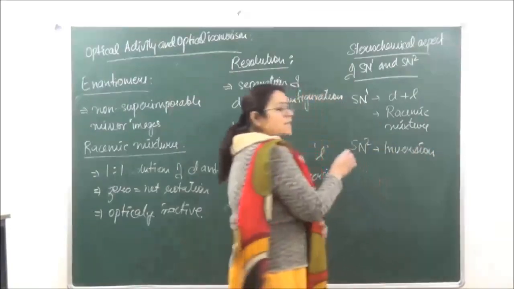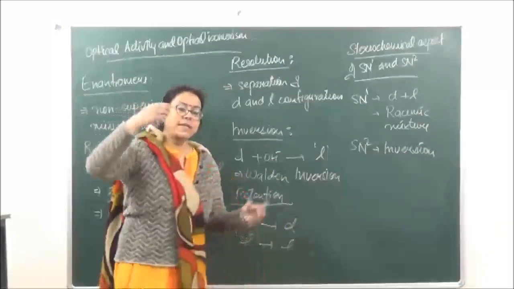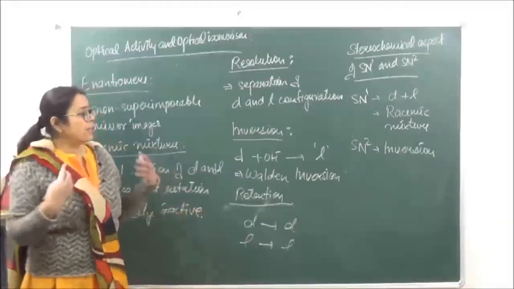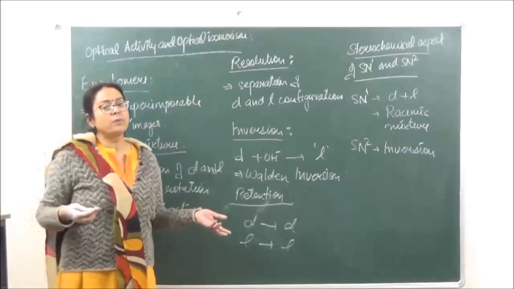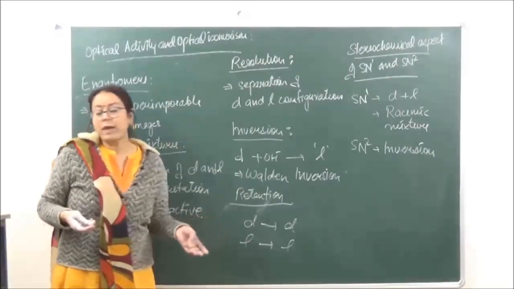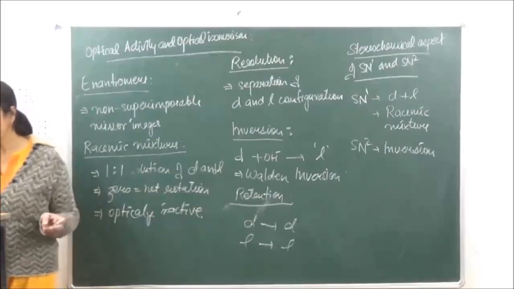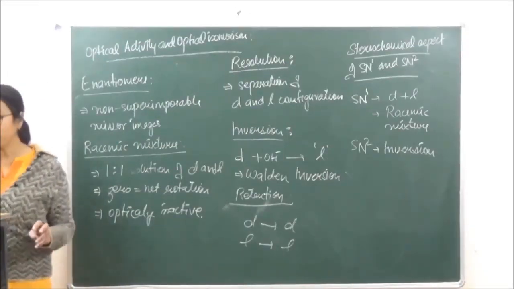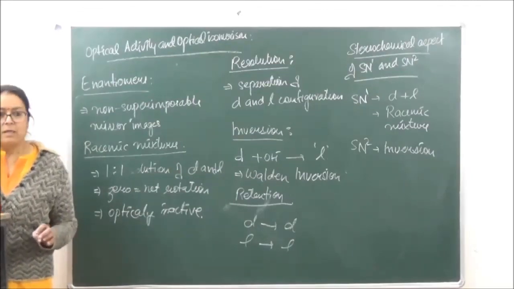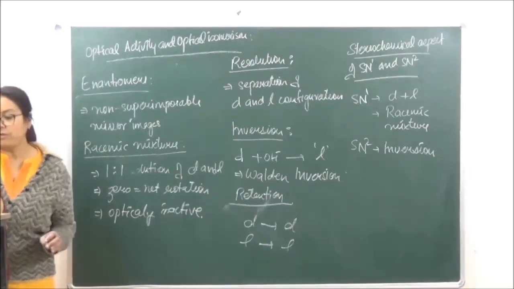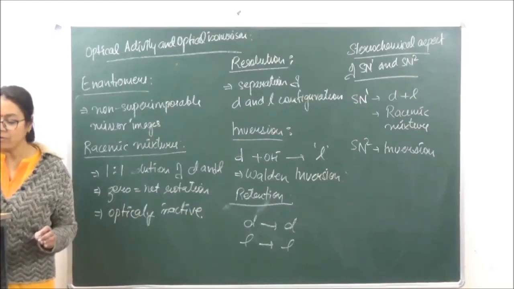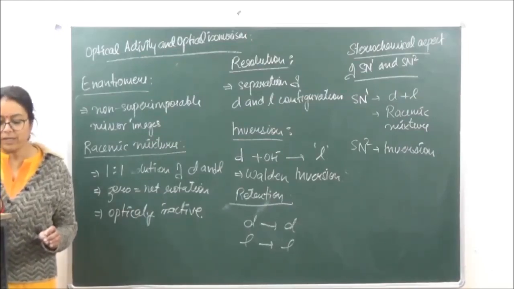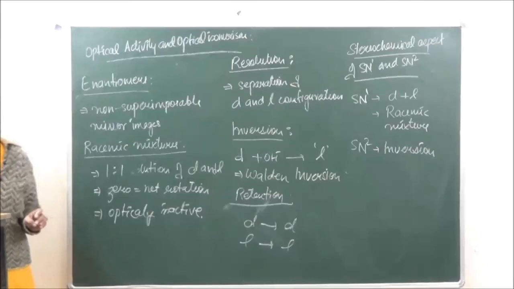So we are starting the reaction with D configuration over here. The product which we are going to get is going to be L. Okay. So SN1 mechanism proceeds with racemization, and SN2 mechanism proceeds by inversion of configuration. So this is what we have over here, the optical activity and the mechanism of substitution reactions.